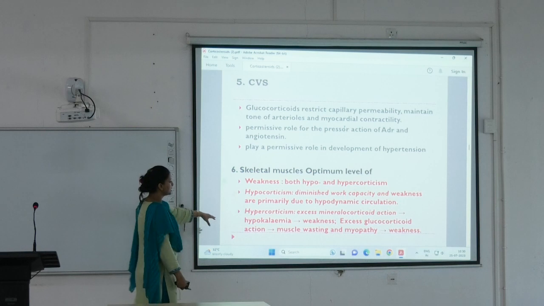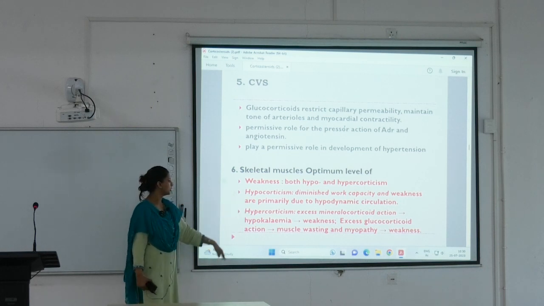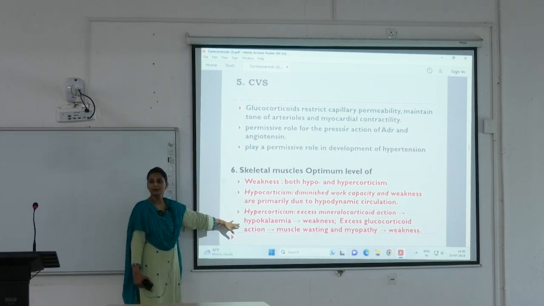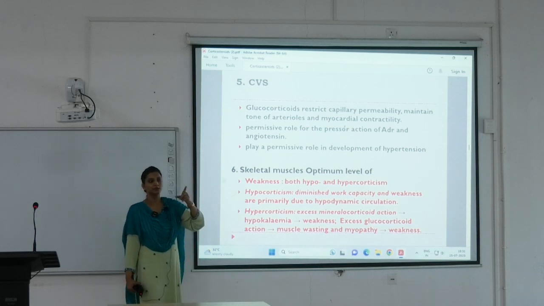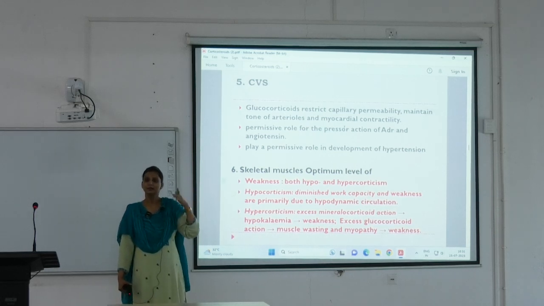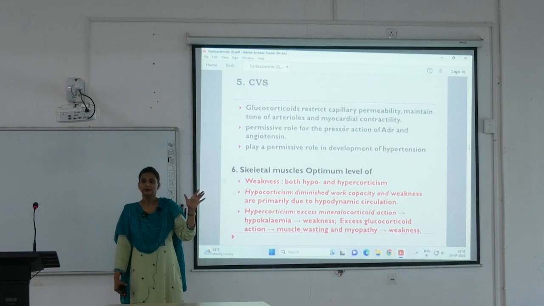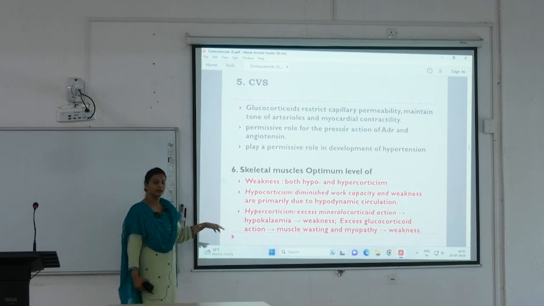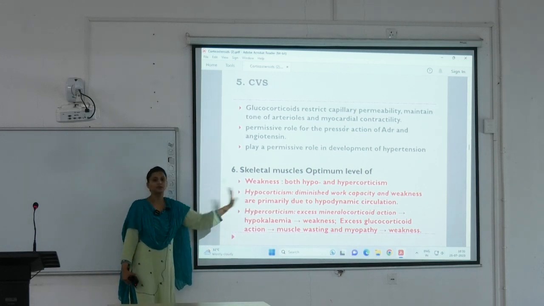And in hypercorticism, excess mineralocorticoids: when there is mineralocorticoid excess, what happened? More potassium was lost, hypokalemia. So hypokalemia causes weakness.